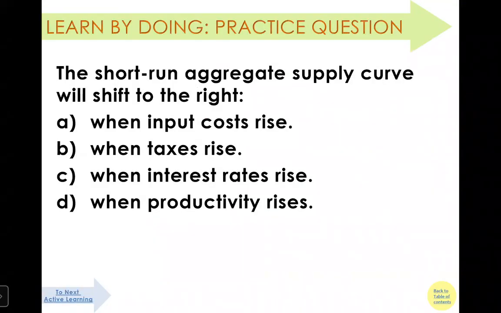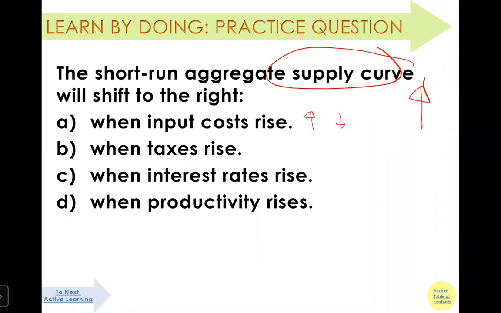Now let's look at this practice question. The short-run aggregate supply curve will shift to the right. If the curve shifts to the right, it means aggregate supply has increased. But what causes aggregate supply to increase? Let's go one by one. First, input costs increase.